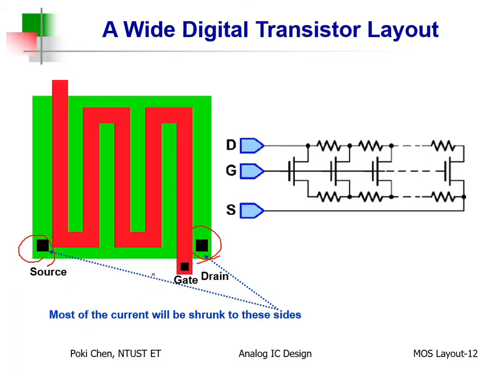So for the others, for example, the carriers need to go all the way to this point. They need to face a lot of parasitic resistance. It doesn't make any sense for analog layout. But why can digital circuit use it? Because without so many contacts, you can reduce the overall area. That's it. Okay? If you would like to reduce the overall area, you can apply it, but it is never good for analog layout.